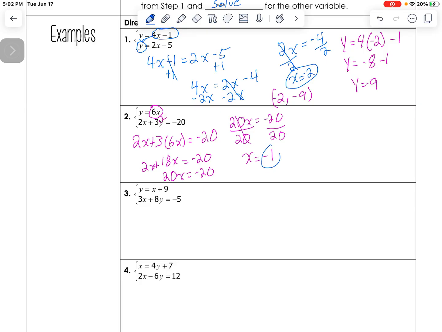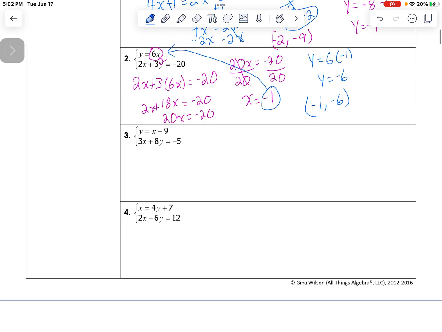Right, we're going to take this negative 1 and plug it in for x in that first equation. And in place of x, we're going to have, good, negative 1. Good. Now what's our solution here? Good. Negative 1, negative 6.